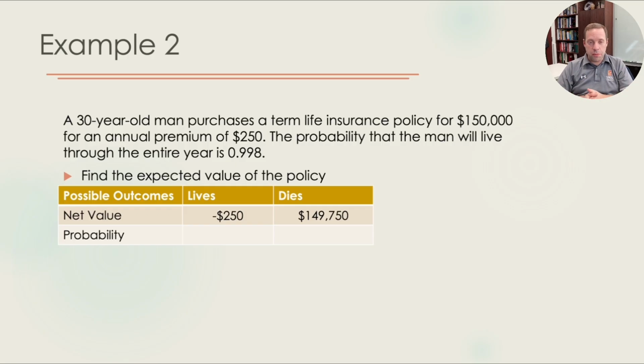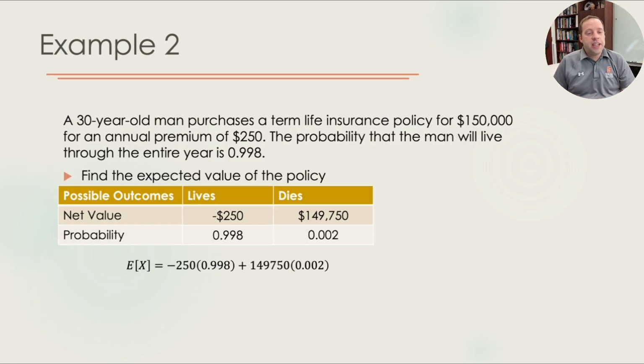There we go. Those are values that are attached to each different category. All right, let's look at the probabilities. What's the probability that he lives? 99.8%. What's the probability that he dies? It's the complement, 1 minus 99.8%, which means 0.2%, 0.002 as a decimal. Okay, now we can take these values and their probabilities and calculate an expected value.